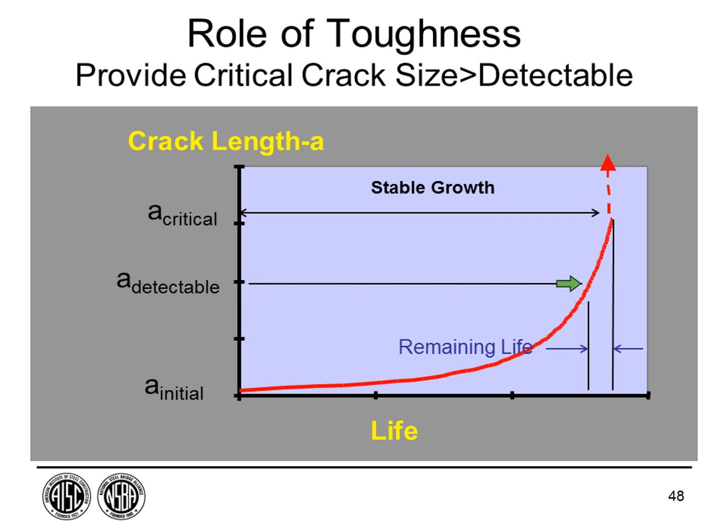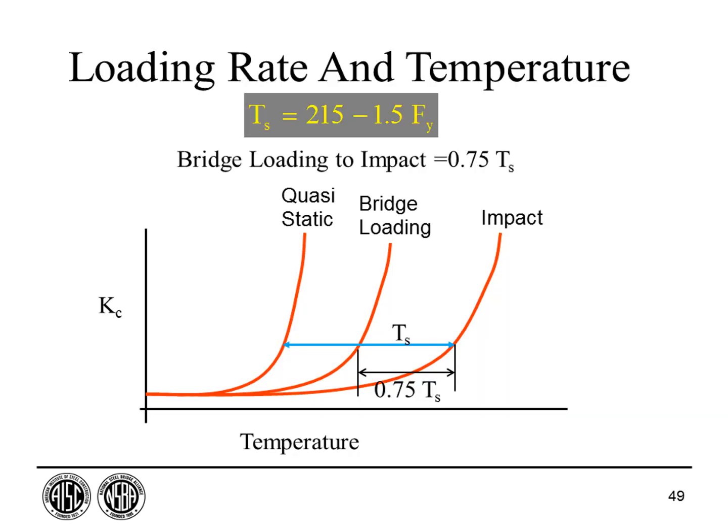And so the way we do that is by putting in fracture toughness to provide a large a critical so that we're guaranteed at least some remaining life after we inspect it. What we'll see in just a minute, we've actually had in the past some steels in bridges where the critical crack size was too small to detect, and that produces an uninspectable structure and a potential problem.